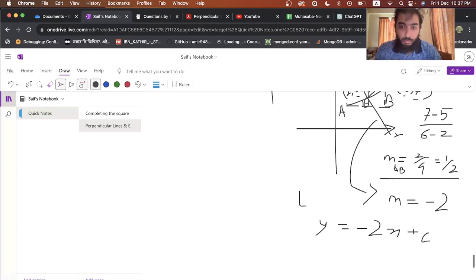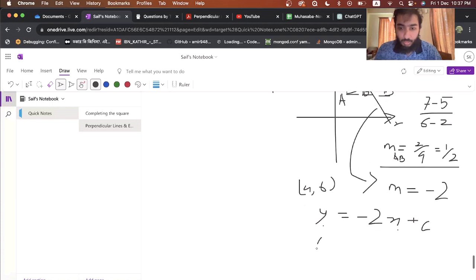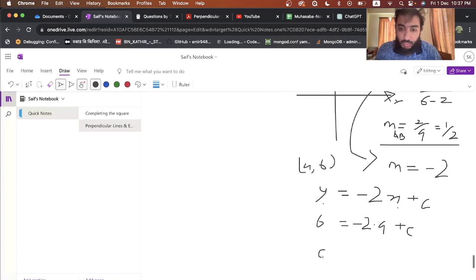If we use 4 for x and 6 for y, we can write 6 equals -2 multiplied by 4 plus c, so c is 6 plus 8, which is 14. So the equation is y equals minus 2x plus 14.